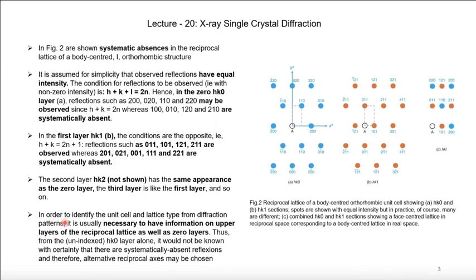So in conclusion, in order to identify the unit cell and lattice type from a diffraction pattern, it is usually necessary to have information on upper layers, and only 0 layers will mislead us in finding the lattice type of the structure. So we have to take 0 layer photographs and upper layer photographs to conclude about the lattice type of the crystal we are experimenting with.